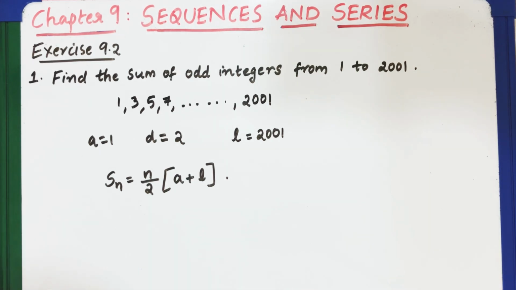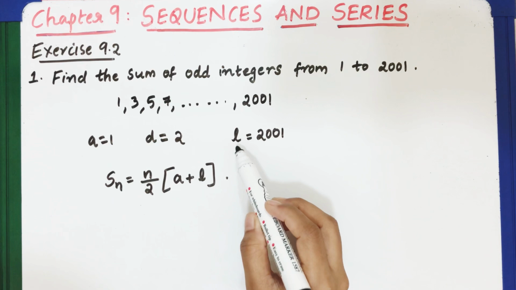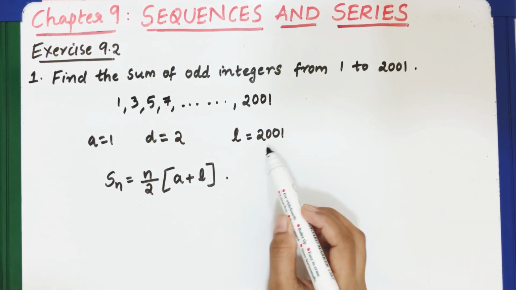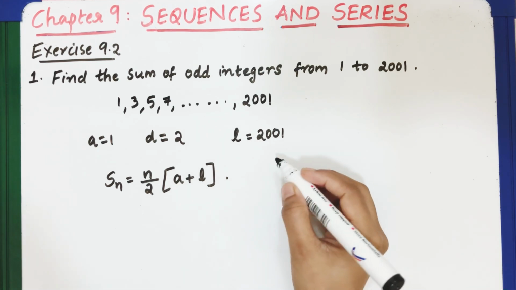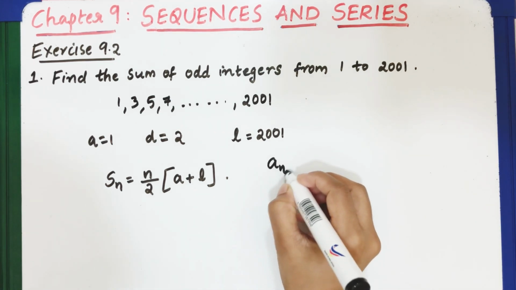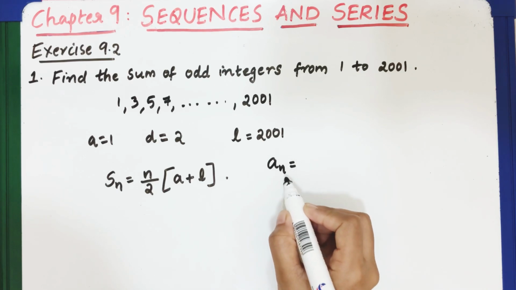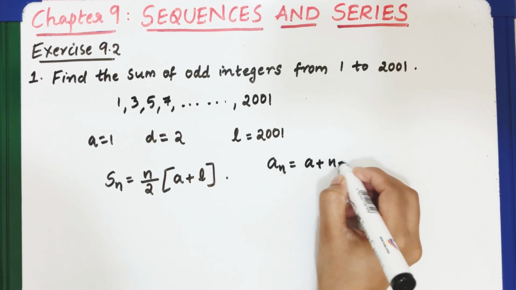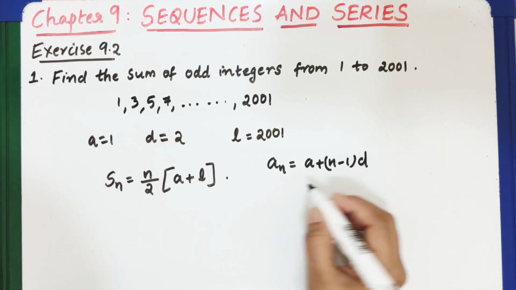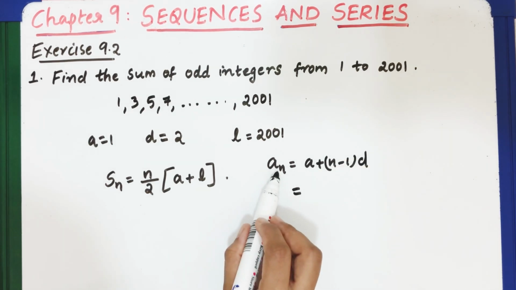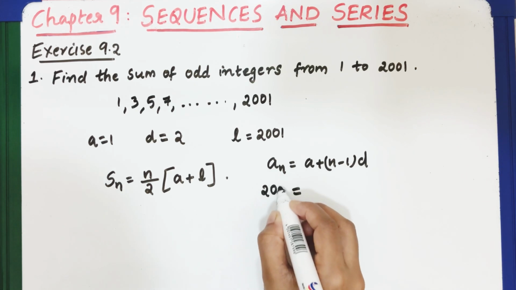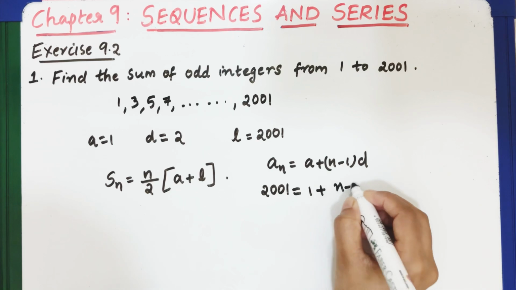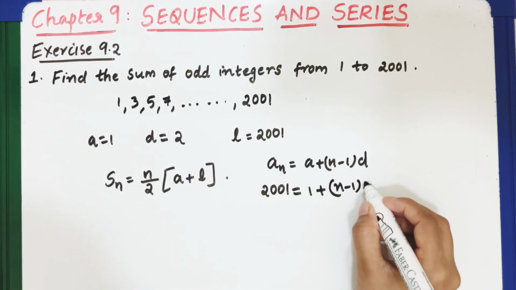Here we need n. We have the last term l is equal to 2001, or the nth term is equal to 2001. What's the equation for the last term or nth term? an is equal to a plus (n minus 1) into d. Here the last term is 2001. 2001 is equal to, what is a? 1 plus (n minus 1) into, what is d? 2.